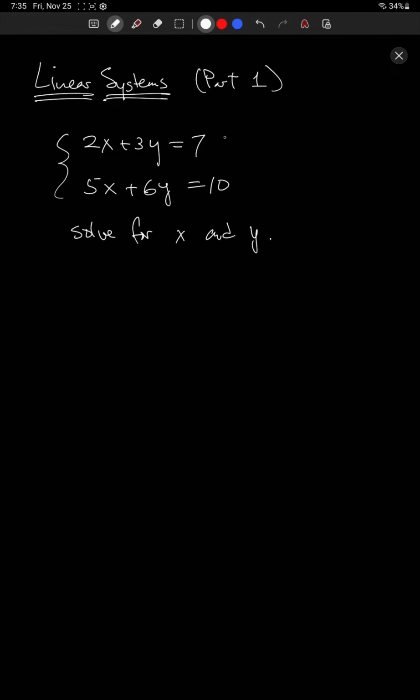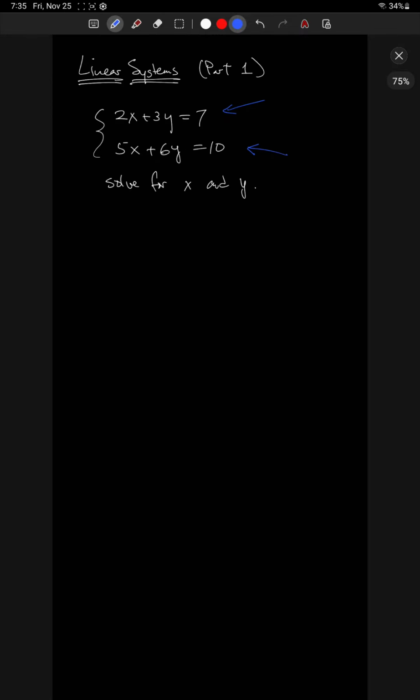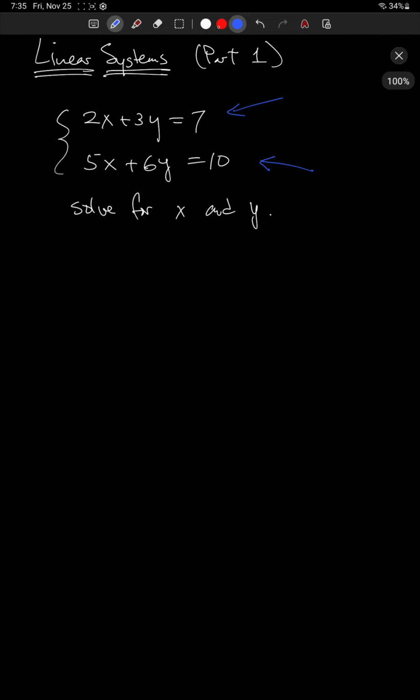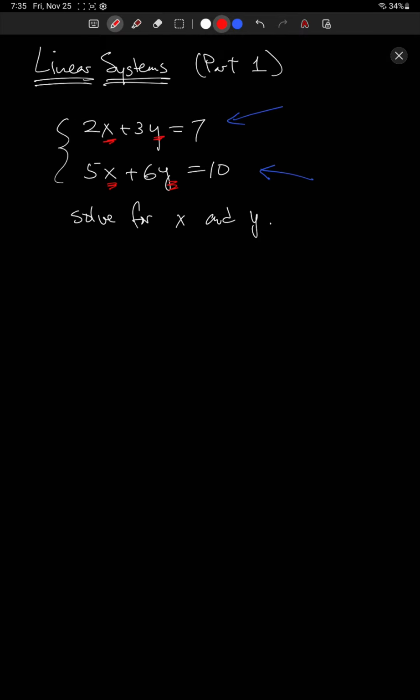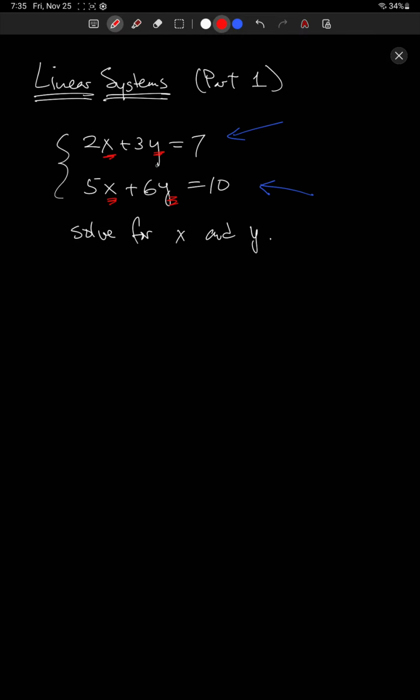So this here is called a linear system of equations. It's a system of equations because there's more than one equation. It's a linear system because our unknown quantities, our x's and y's, don't interact with each other. What I mean by that is there is no x times y or x over y or anything like that.